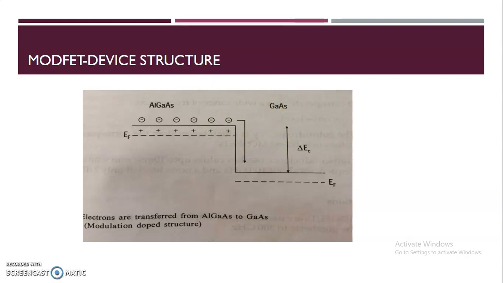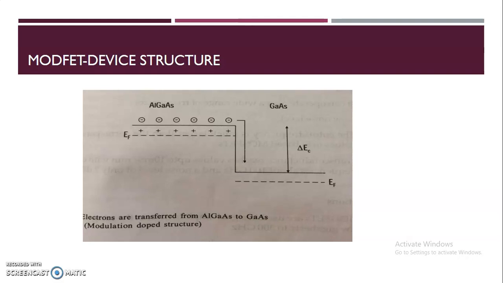The electrons are transferred from AlGaAs to GaAs due to the difference in the electron affinity. Then it is sufficient for the quantum-sized effect because the maximum thickness can be 14.9 nanometers. This we have seen already.